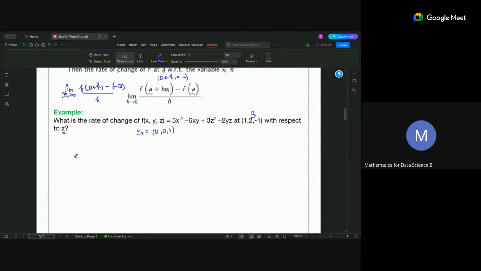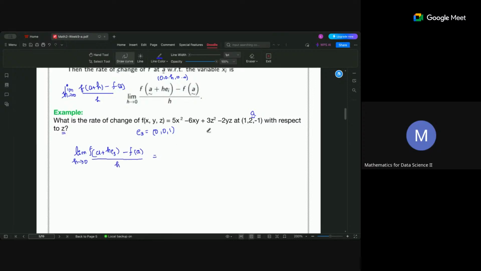So you are considering limit h goes to 0 of f of a plus h e3 minus f of a, divided by h.